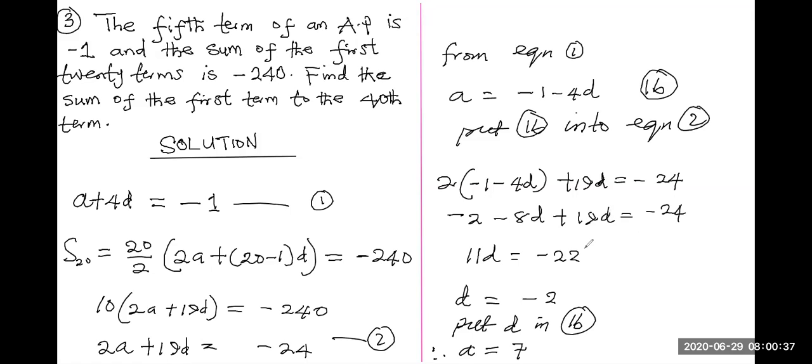After getting your a and d, you now go on to find the sum of the first 40 terms, because the initial one they gave was for the first 20 terms. From Sn = n over 2 times (2a + (n - 1)d), S40 is 40 over 2 times (2 times 7 + (40 - 1) times the common difference of -2).